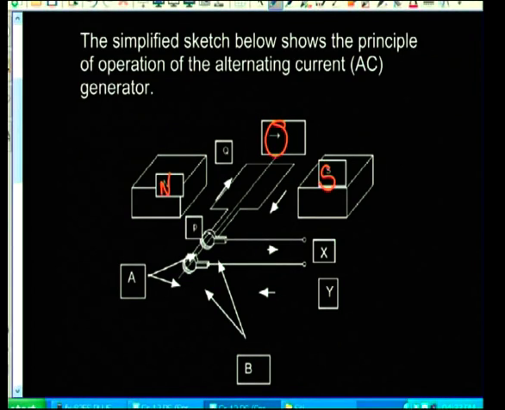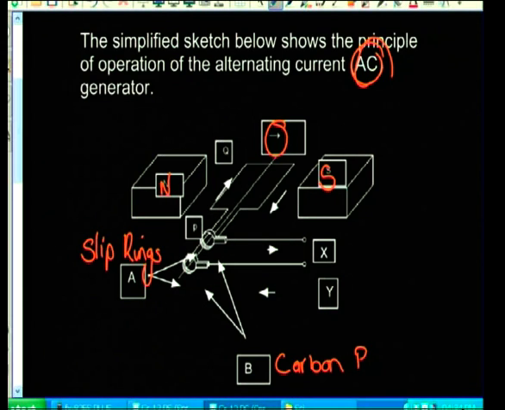Well, if I look at part A, it's actually pointing to the slip rings. Now, I know it's slip rings because it's a generator and it's an AC generator, okay. Part B is the carbon brushes, okay. Part Q is probably the armature.